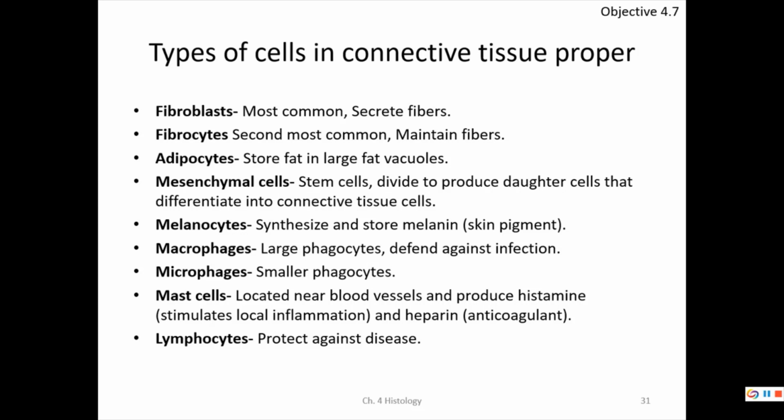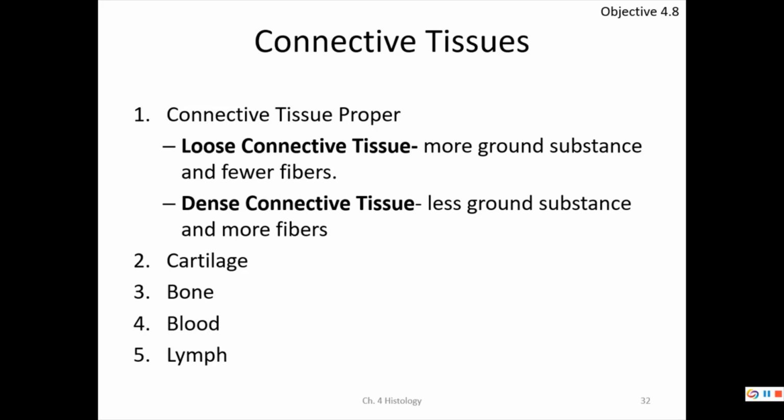So as we go through that, let's understand that there are basically 5 types of connective tissues. And the first one, I'm not going to worry that you guys know that loose and dense connective tissues are connective tissue proper, but I want you guys to know that loose connective tissues have more ground substance and fewer fibers. So ground substance is usually squishy kinds of stuff.